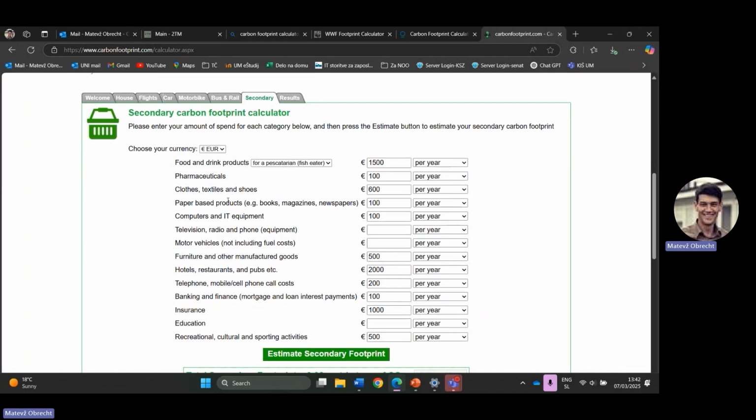But as mentioned at the beginning, there are scope 1, scope 2, and scope 3 emissions. These secondary ones are actually scope 3. And here you can see I just put in some values. For example, first you can choose the currency. I'll put euros. You have the diet, if you are a heavy meat eater, medium meat eater, vegetarian, or just eat fish, and how much money you spend per year. You can also do it per week.